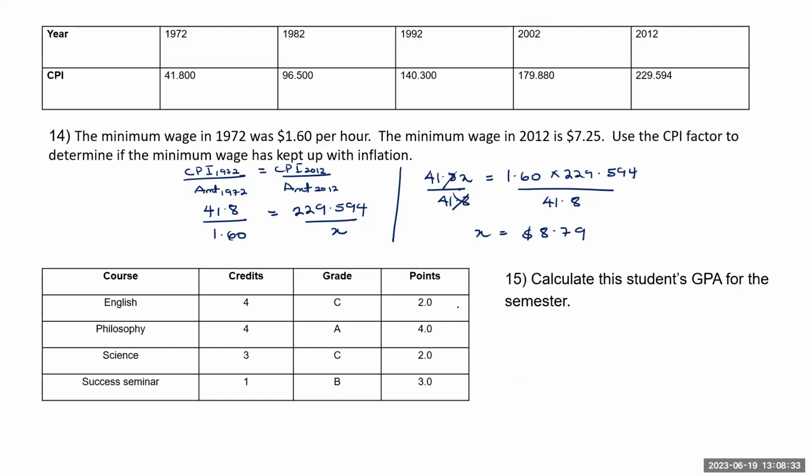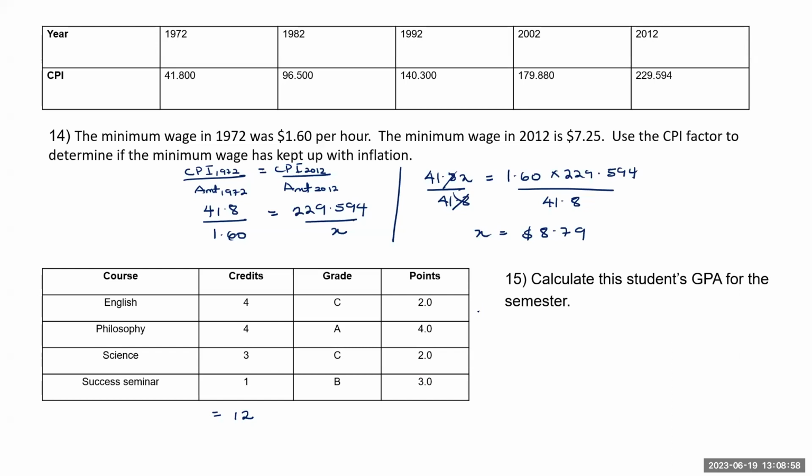We can calculate the student's GPA by using weighted averages by count. We can determine what the total number of counts is, and that will be 12. The total number of counts will represent the total number of credits. Since each grade has a grade number, C is a 2, A is a 4, C is a 2, and B is a 3.